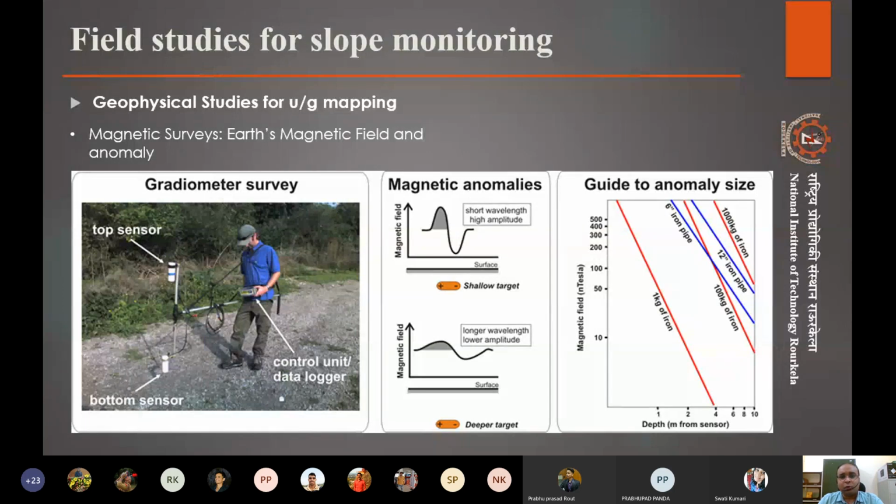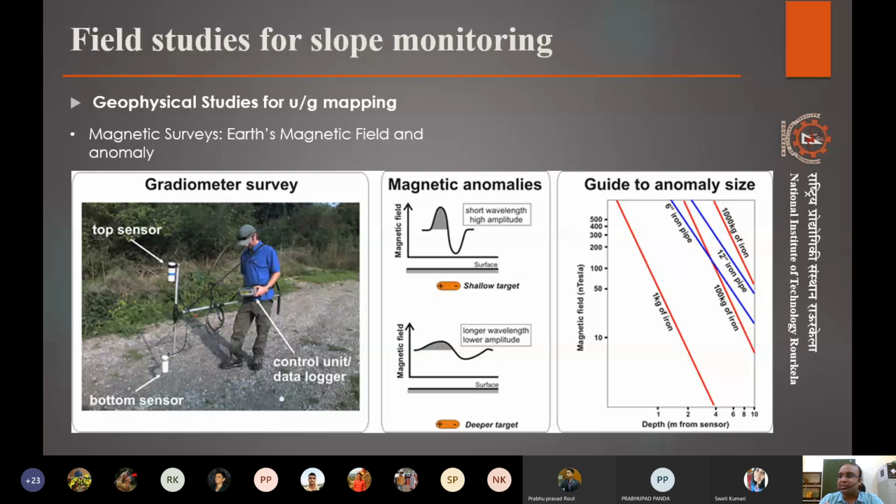Iron, cobalt, nickel, and other similar magnetic ores can affect the magnetic field to a great extent. So these anomalies in the magnetic field can be detected using magnetic surveys.